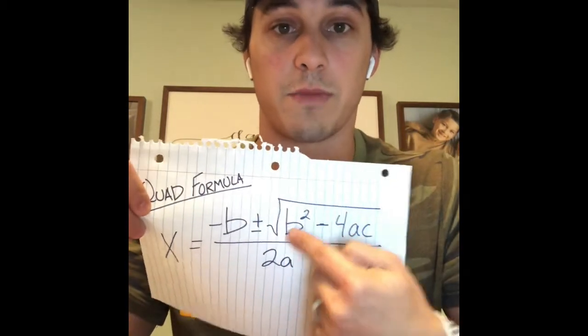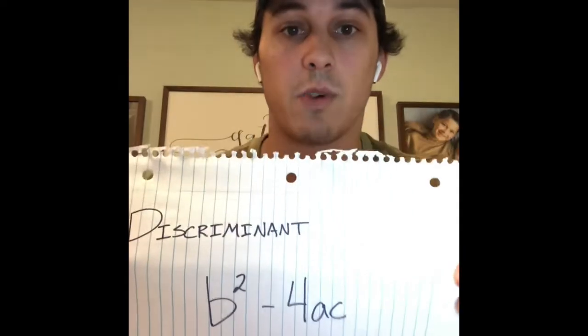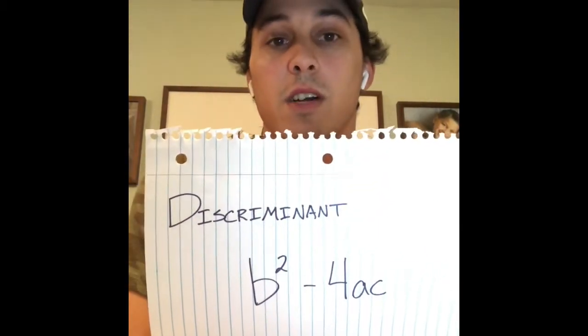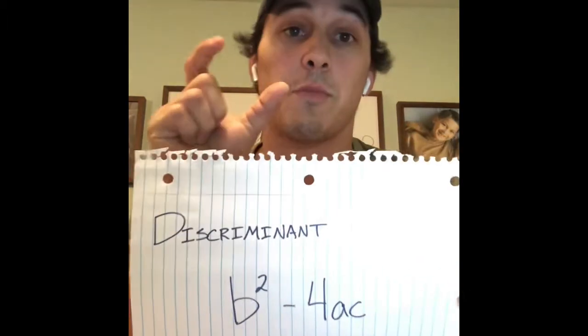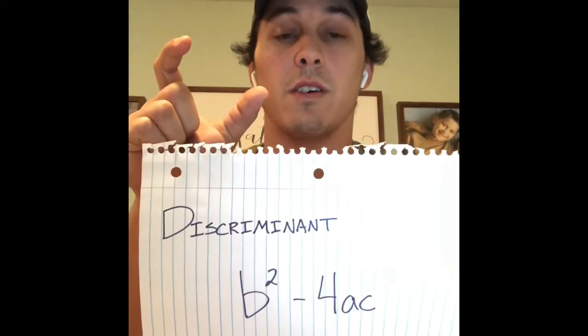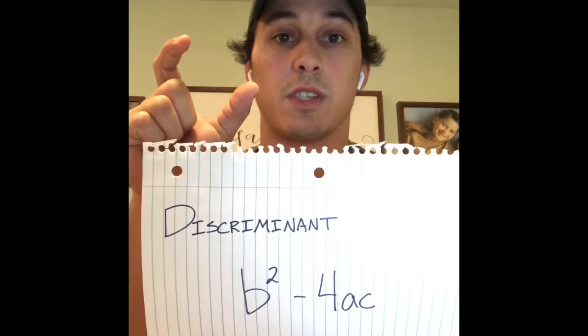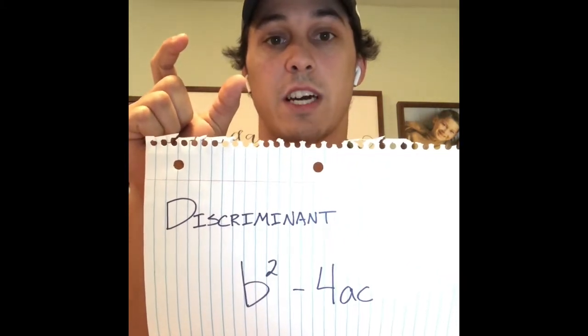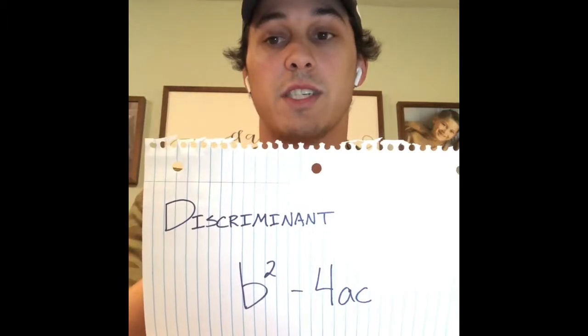We're going to be looking at this part right under the square root. So, discriminant is b squared minus 4ac. It's the portion of the quadratic formula that would be under the square root symbol, or under the radical, as we call it. You should write that down, b squared minus 4ac.